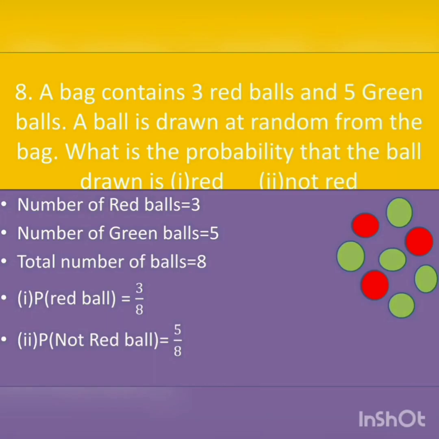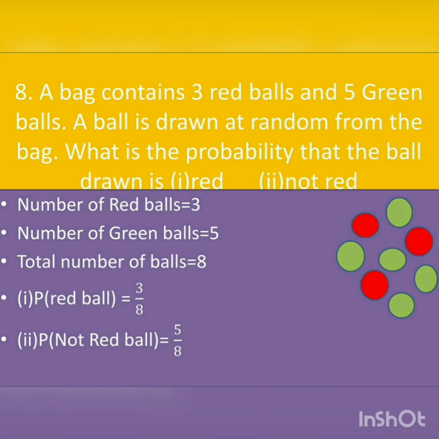Next question is 8. A bag contains 3 red balls and 5 green balls. One ball is taken out randomly. What is the probability that it will be a red ball and not a red ball? First of all, as you can see, there are 3 red balls and 5 green balls. So what is the total number of balls? It is 8.